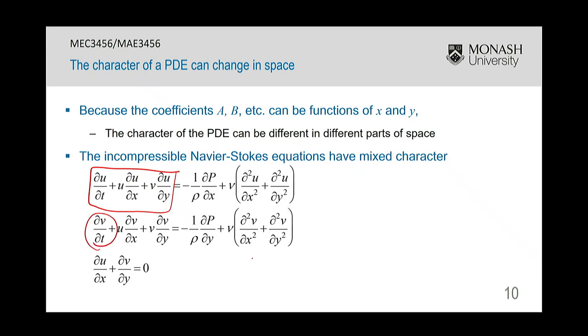This term, coupled with those terms there, have a character of being parabolic. And although it's not obvious, this term and those two terms there have an elliptic character. So in actual fact, the incompressible Navier-Stokes equations, depending on what part of the domain you're in, have characteristics of all three different kinds of partial differential equations.